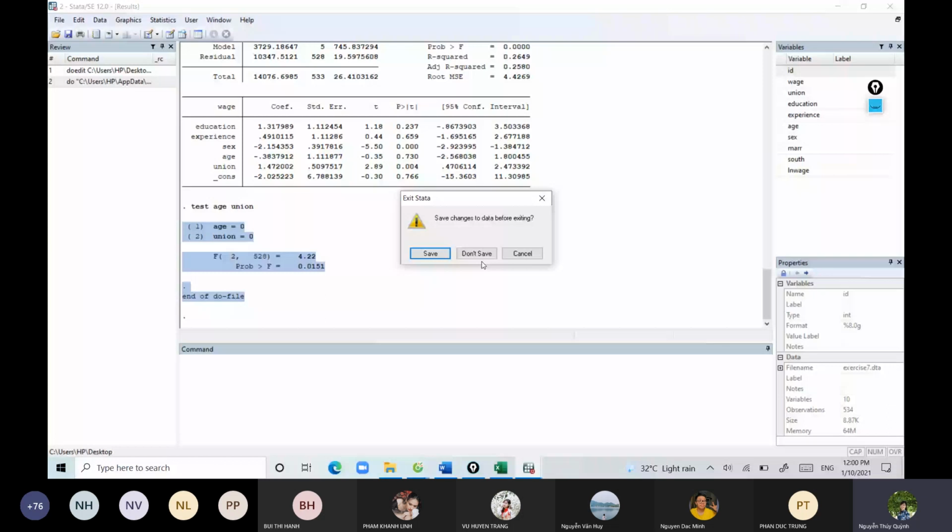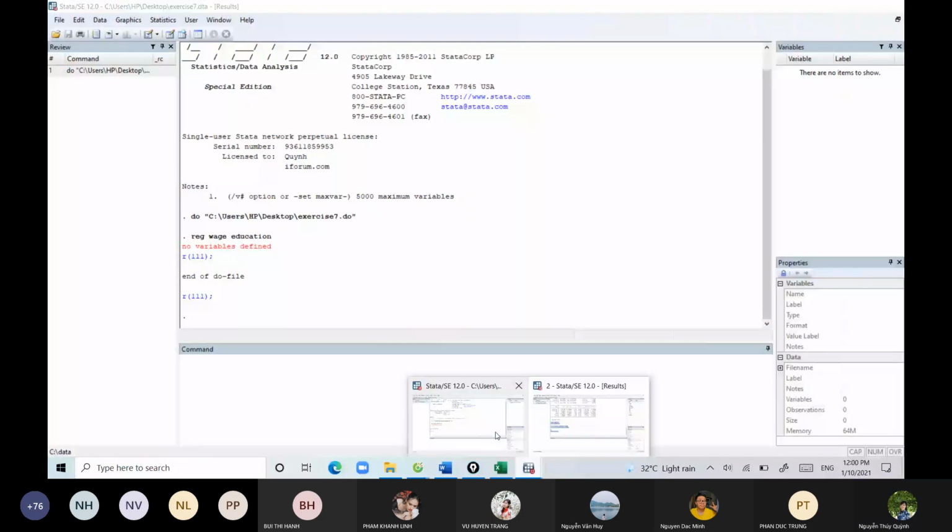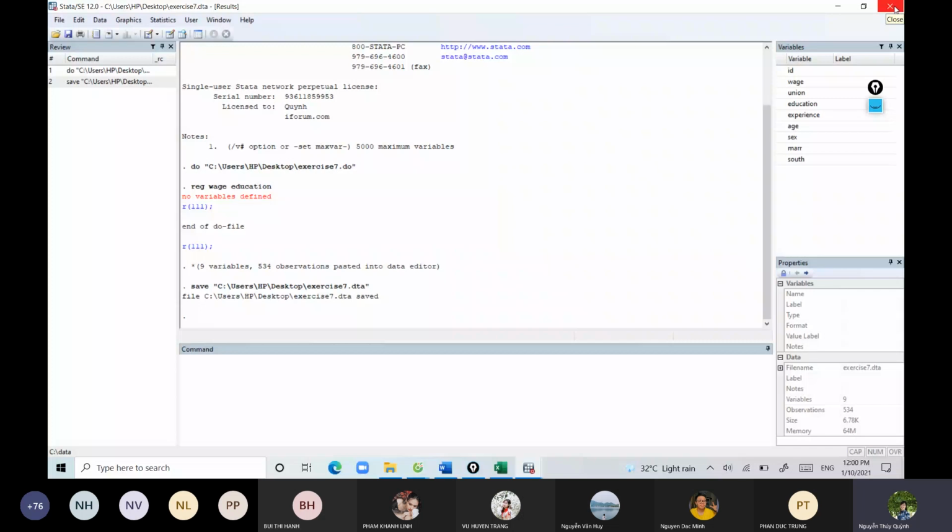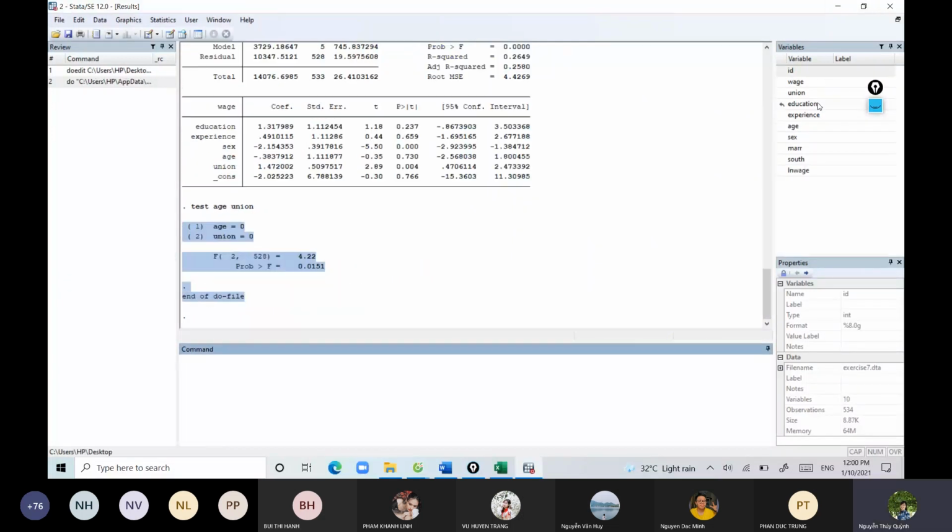That's my do file. I will close it. Close it again.